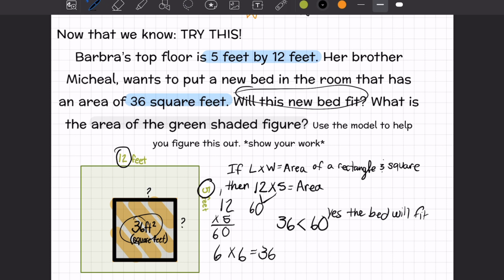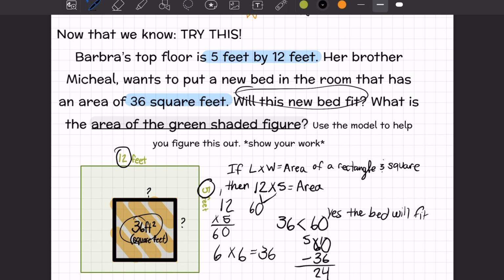Some of my above grade level students will then further themselves into the area of the green shaded figure, which means they are now looking at cutting out 36 from 60. So they're subtracting 36 from 60 to get our answer. When we subtract 36 from 60, of course, we need to regroup. This turns into 5. This turns into 10. We have 4 and 2.